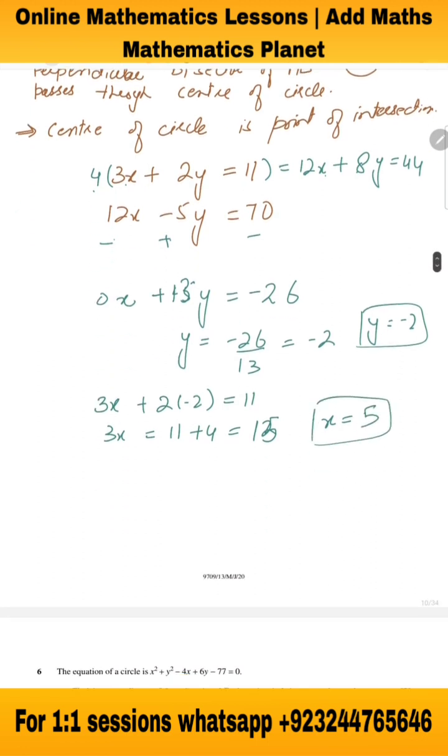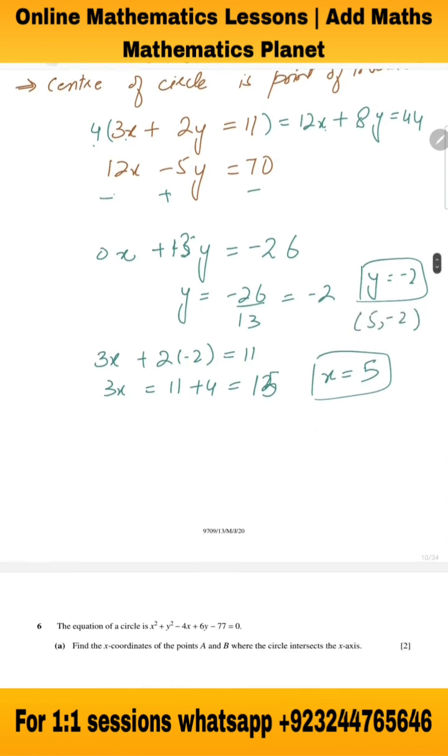So because we get the value of x and y, that is the center of the circle, which is 5 and minus 2. Now we will find the radius of the circle, which is equal to the distance from the center to point A. The center is 5, minus 2, and point A is minus 7, 3.